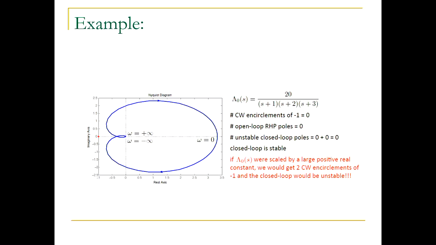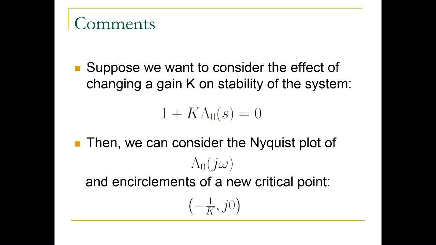So note this red thing here. It says, if lambda 0 were scaled by a large positive real constant, so that's my K, I'm talking about this situation here. We're scaling everything by K, and K is large. In other words, my critical point would be minus 1 over K. As K is large, this critical point is approaching the origin.